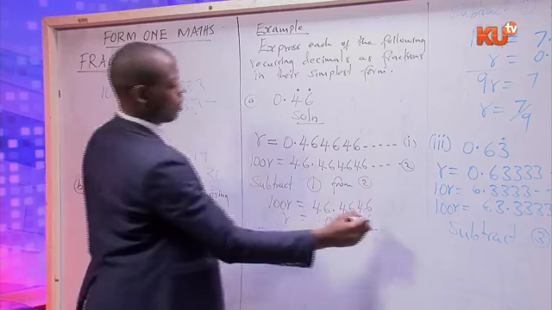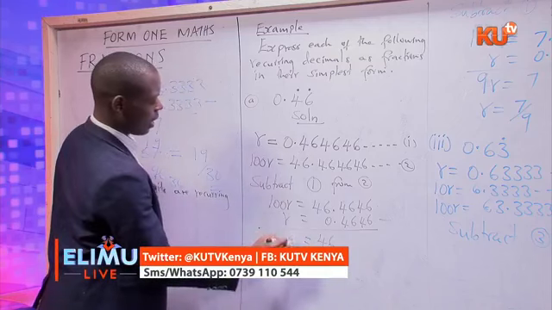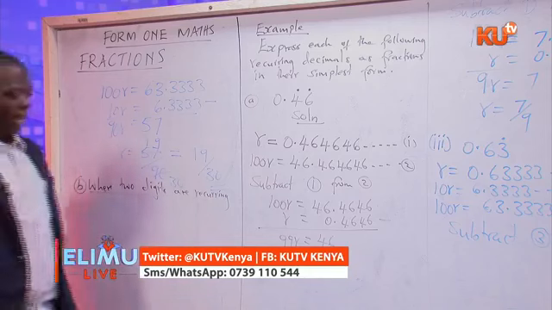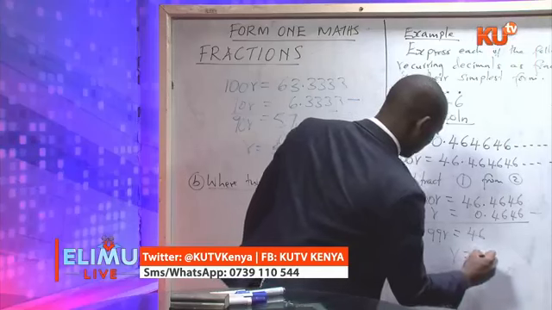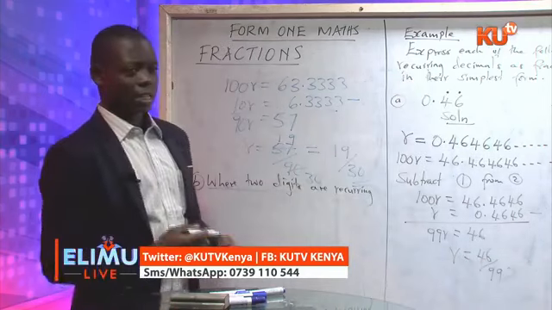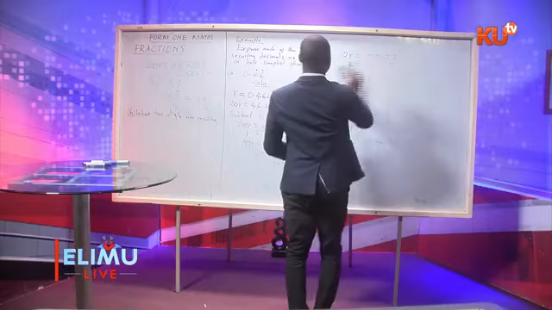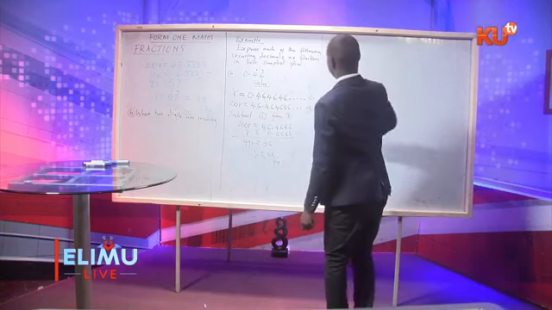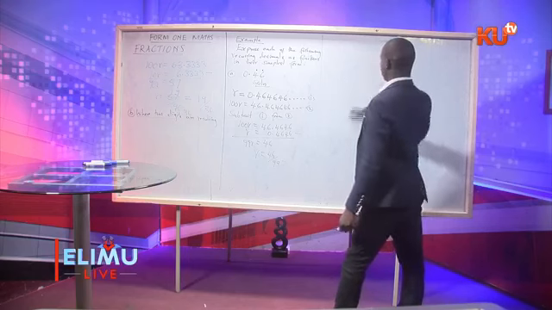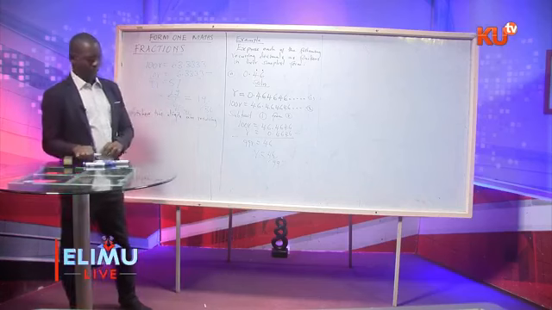If you subtract this, you end up with 46 on this side, and this side you have 99R. So if 99R is 46, what is R? R will be 46 over 99. That's a simplified fraction, because you can't simplify beyond that. So that becomes the solution for our first case, where 4 and 6 are recurring.